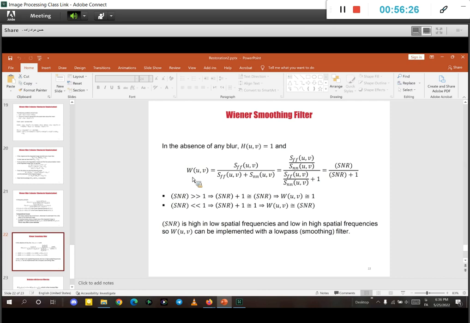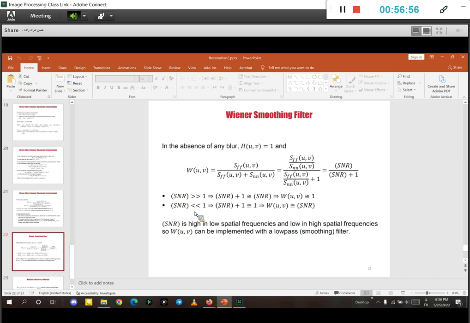Or Wiener system. But what do we say about these two items? If SNR is very small compared to 1, and if SNR is very large compared to 1, then SNR over SNR is 1, okay, and W is about 1.